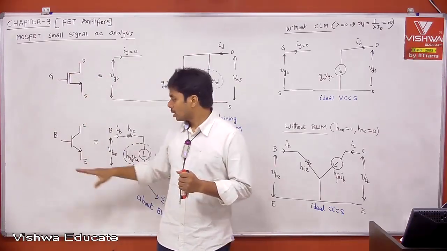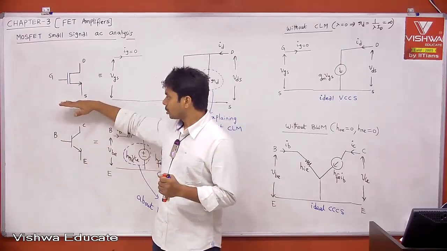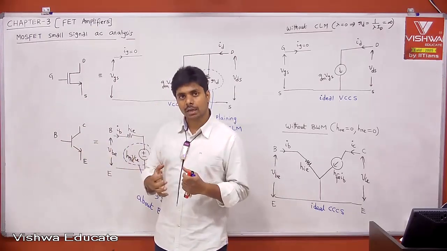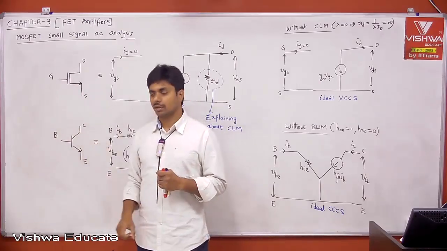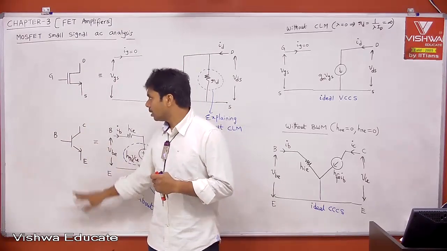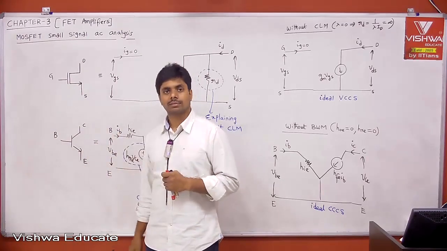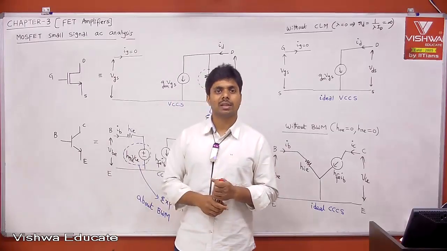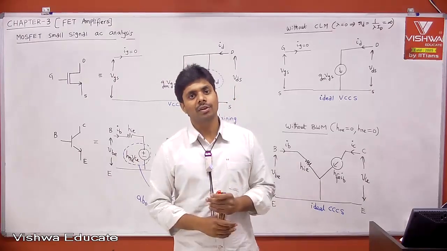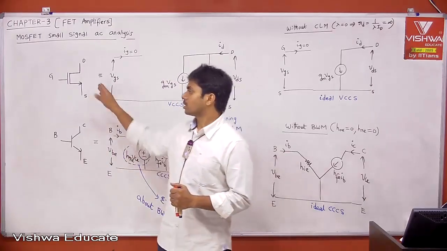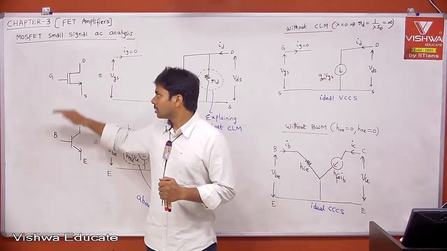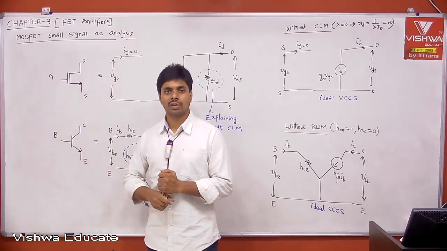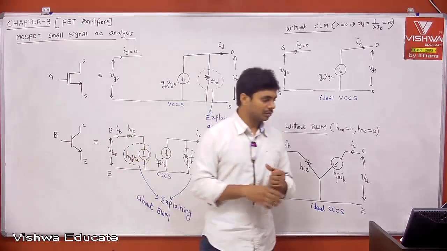That's why we have common emitter, common source, common collector, common drain, common base, common gate, CE with RE, CS with RS. Whatever we studied in the case of BJT, similar configurations we are going to study in the case of MOSFET, and similar observations we are going to get from MOSFET. Okay, take it.